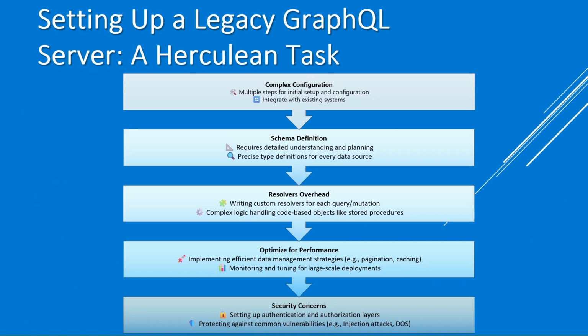I think now you're all experts in GraphQL. Again, it's a very simple and powerful API technology. However, if you want to implement your own GraphQL backend, your own GraphQL server, there are lots of things you need to worry about. And it can take from weeks to months to have a GraphQL API in production. Of course, you have to define your server, configure the server, define the schema, configure the resolvers.